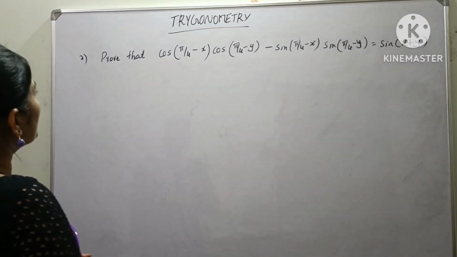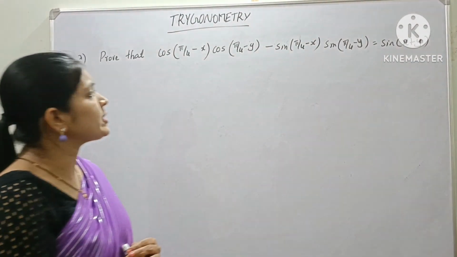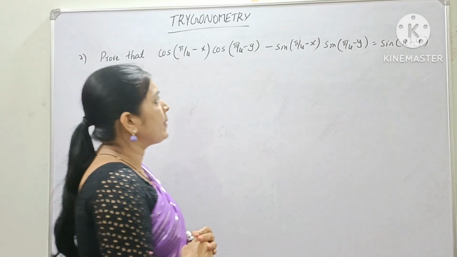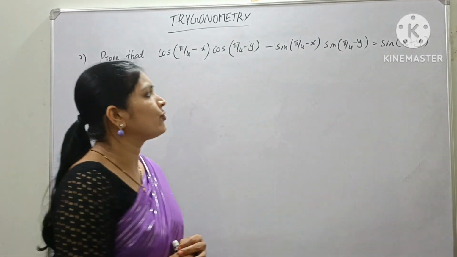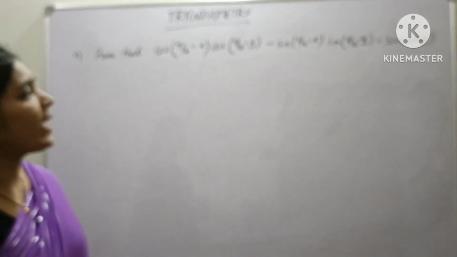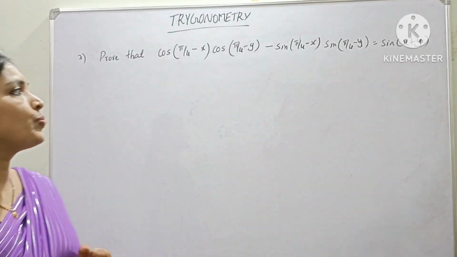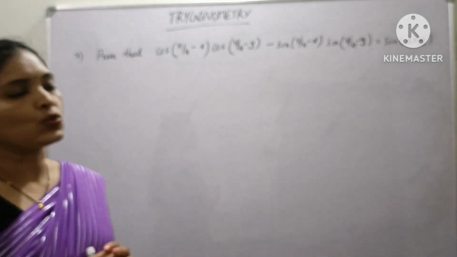Next question. Prove that cos of pi by 4 minus x into cos of pi by 4 minus y, minus sin of pi by 4 minus x into sin of pi by 4 minus y, is equal to sin of x plus y. Okay, we have to prove the RHS, sin x plus y.